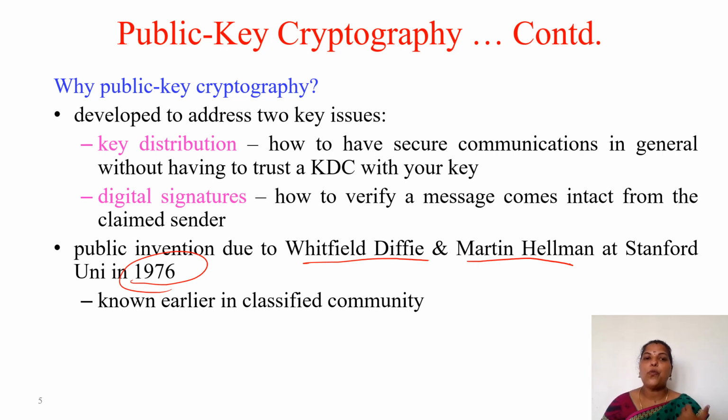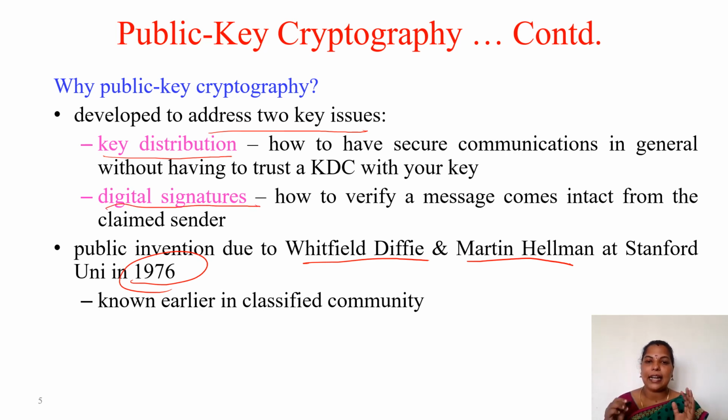So what issues did they face, and how are they solved using public key cryptography? Let us see. Public key cryptography was developed to address two key issues: one is key distribution and the other is the digital signature.